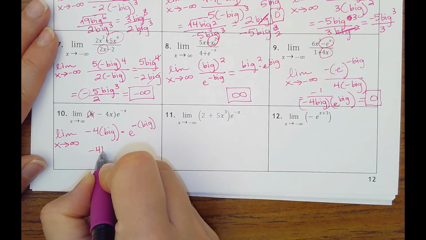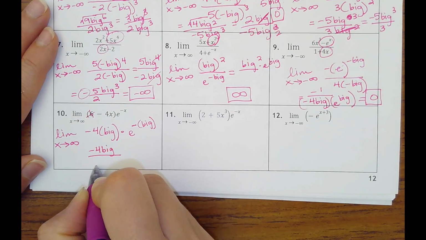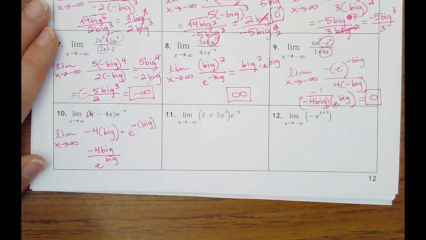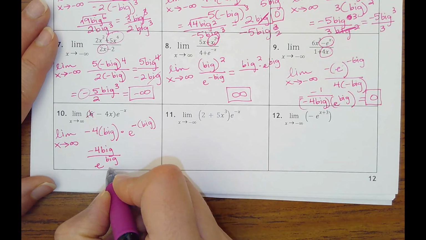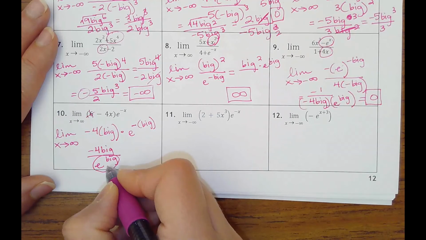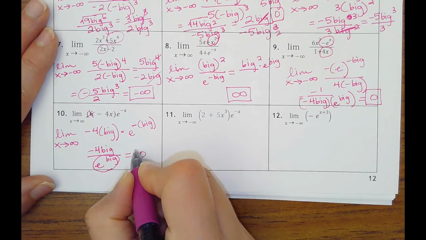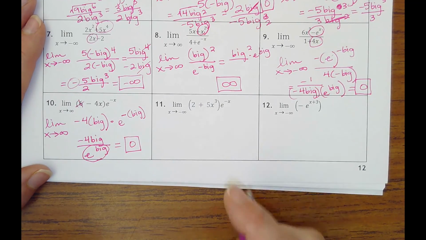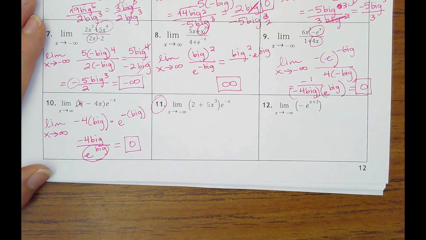So we got negative 4 big over e to the positive big. Which one overpowers the other? Definitely e to some really big power. So since this is bigger, think about having something small divided by a really big number. We said that approaches 0. Okay, you pause and try number 11.